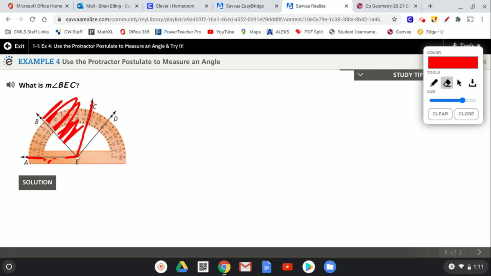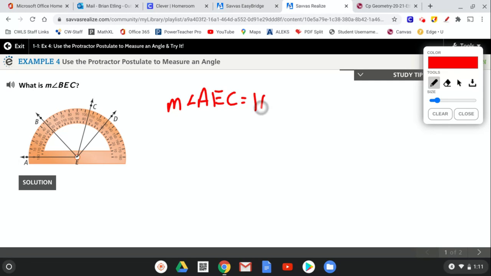So to do this, we're going to look at the measure of angle AEC, and that is 105. And then the part we don't want is this part right here, which is AEB. So we are going to take out that part.